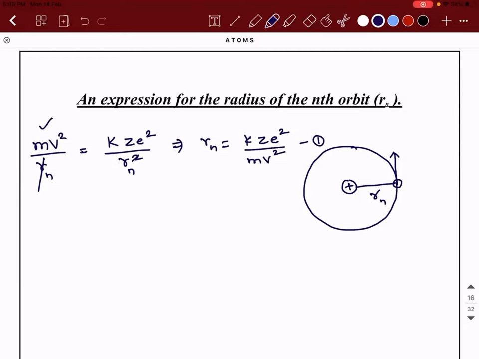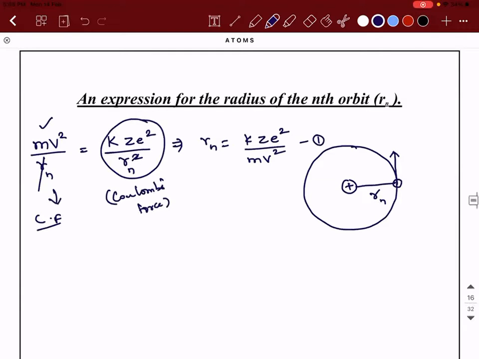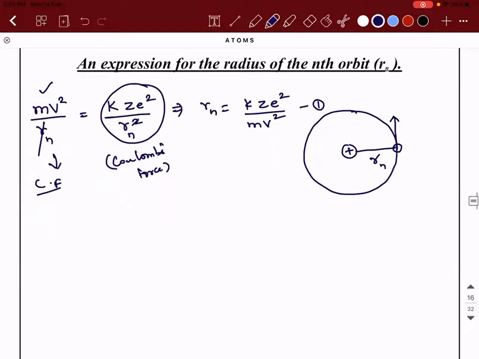This is the centripetal force, and this is the Coulomb's force. Similarly, we know that mvr is equal to nh divided by 2 pi, which implies v is equal to nh divided by 2 pi into m into r. Let me take this as equation number 2.